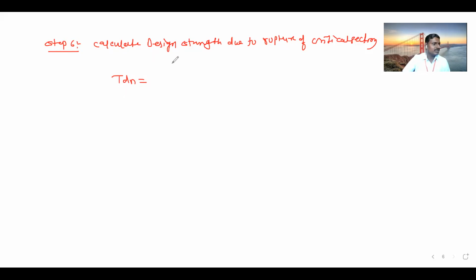So we will use the beta formula: 0.9 Anc into Fu divided by gamma M1, plus beta into Agо into Fy divided by gamma M0. We will calculate first Anc, then Ago.